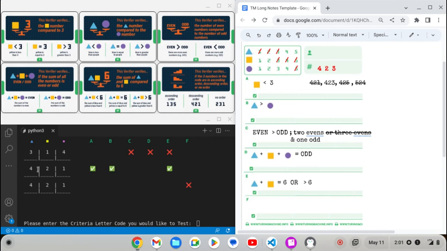Criteria B, we got correct, and that is that the triangle has to be bigger than the circle. Sure, 4 is greater than 3. Criteria C, even though we got it wrong, right? No more odds than evens, it's the other way around. Do you have more evens than odds? Yeah, we've got our 2 evens versus our 1 odd.